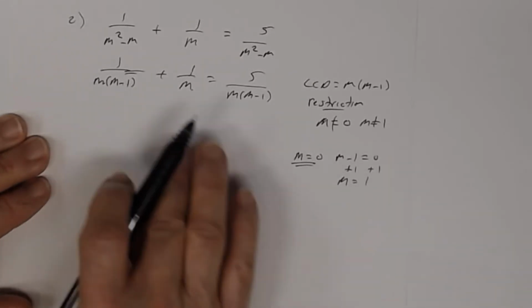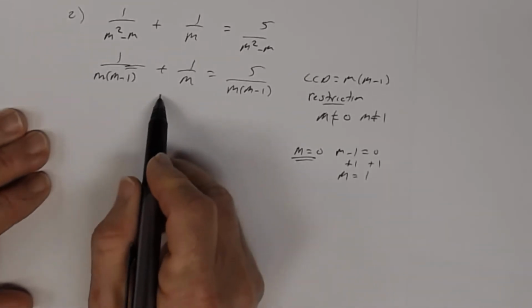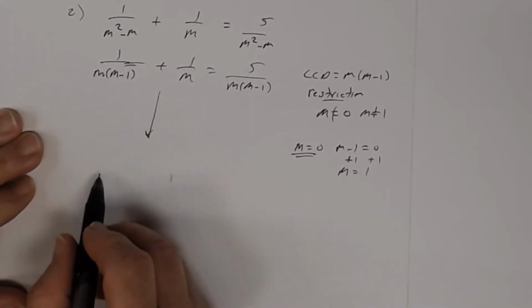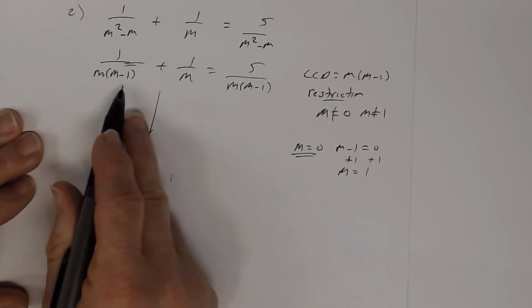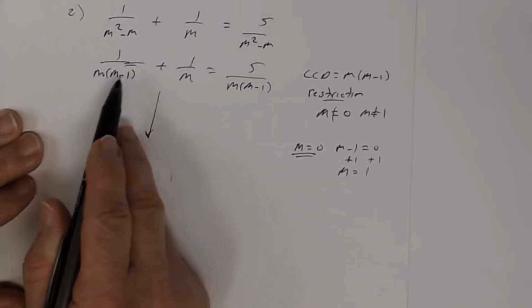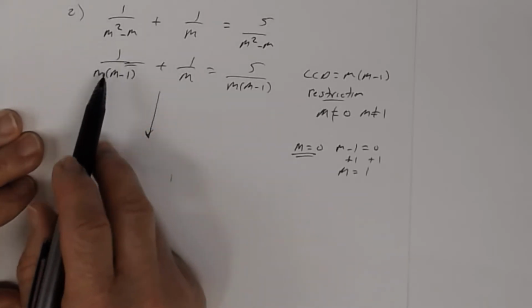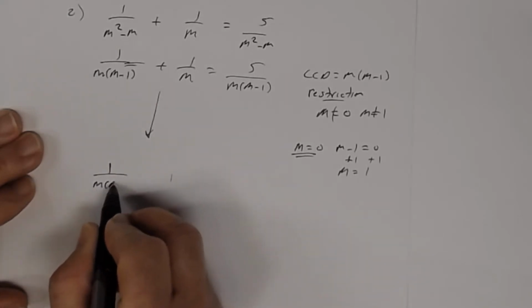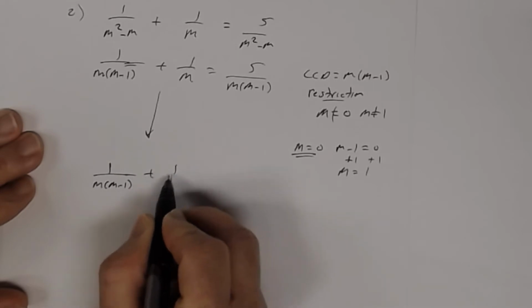Okay, so I'm going to write this down here to get some room. I'm going to rewrite this. The left-hand side has two rational expressions, and leave it in factored form. Don't leave it like this, leave it in factored form. So I'm going to have 1 divided by m times m minus 1, plus 1 divided by m.